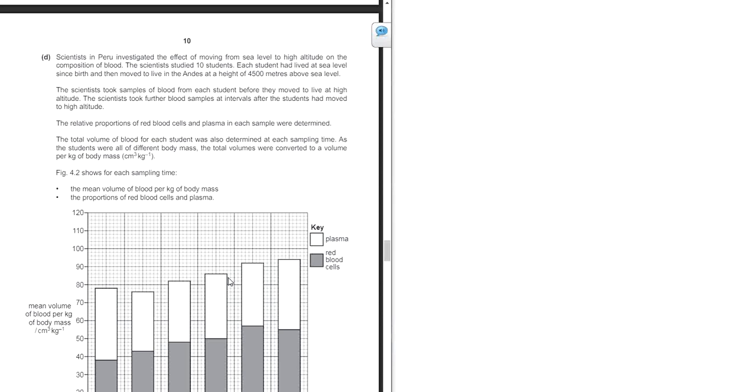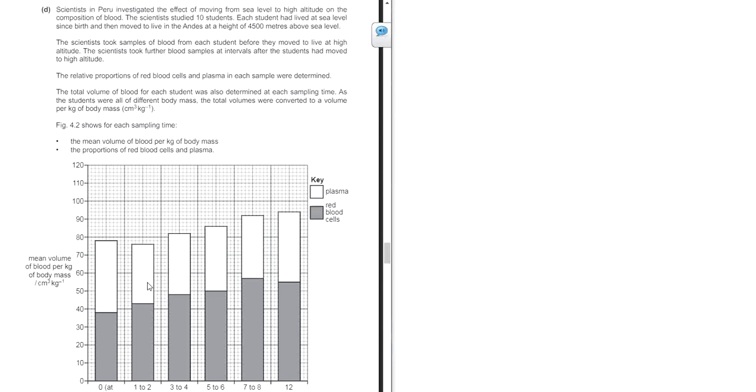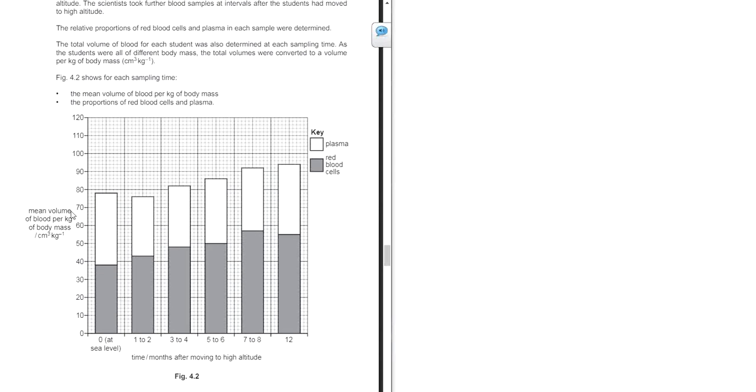The scientists took further blood samples at intervals after the students had moved to high altitude. The relative proportions of red blood cells and plasma in each sample were determined. The total volume of blood for each student was determined at each sampling time. As the students were all of different body mass, the total volumes were converted to volume per kilogram of body mass. And figure 2.1 shows for each sampling time the mean volume of blood per kilogram of body mass and the proportions of red blood cells and plasma. In centimeter cube per kilogram, the mean volume of blood per kilogram of body mass, and plasma and red blood cells in proportions.